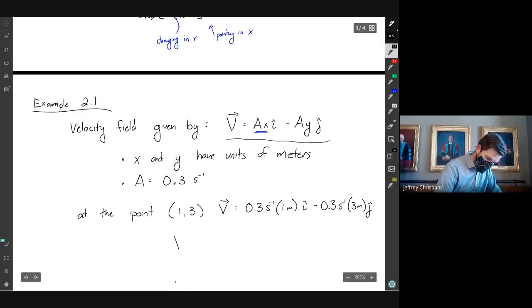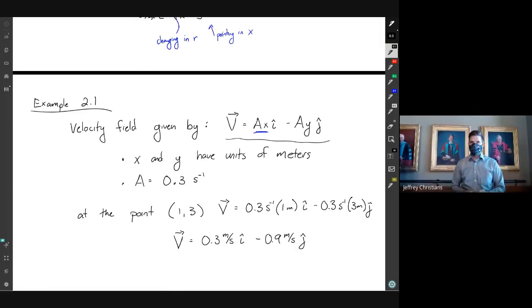So V would equal 0.3 meters per second i hat minus 0.9 meters per second j hat. Okay, so we can do basic things like that. If you're given any point, you can figure out what the velocity is.